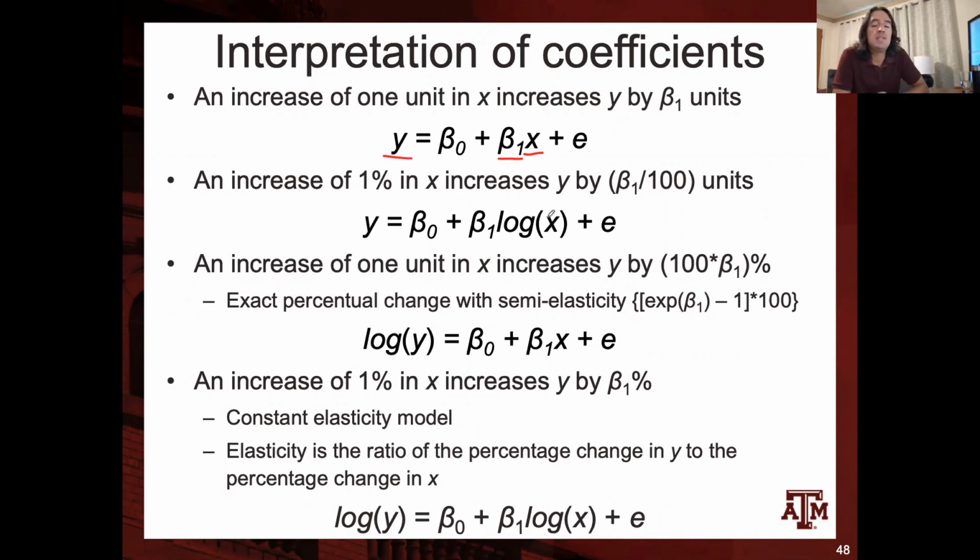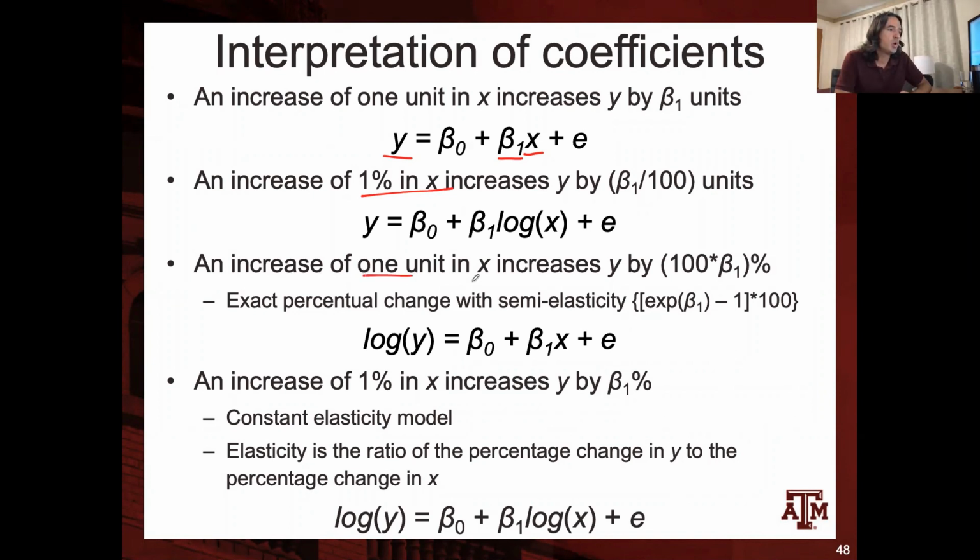If my independent variable is the log of x, the increase of 1% in x increases y by b divided by 100 units. This one here that we use a lot in statistical regression, log of y, for example, log of income.